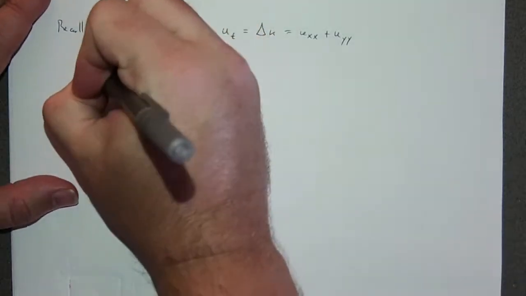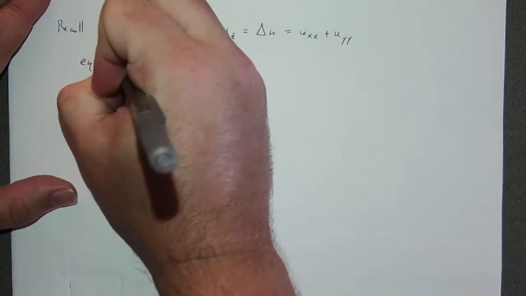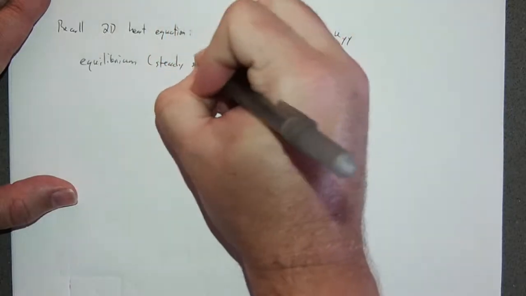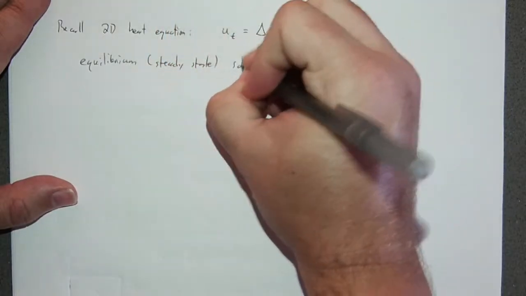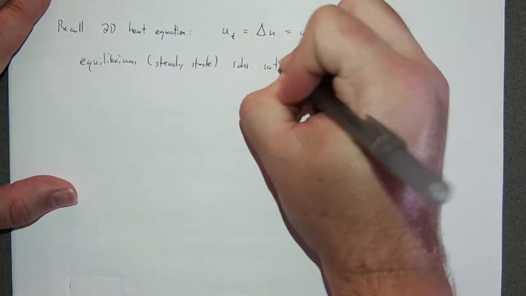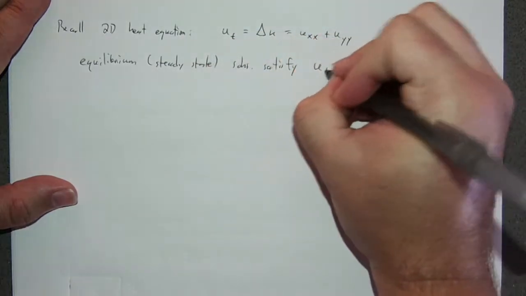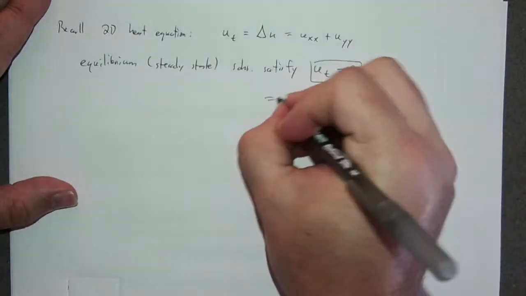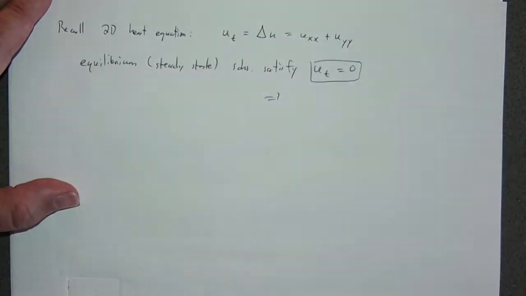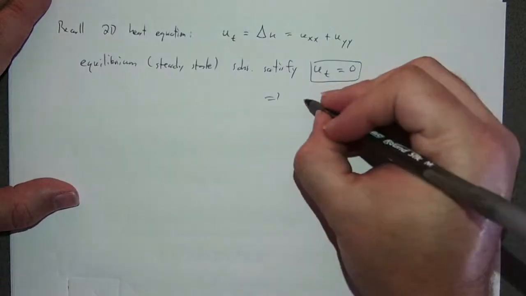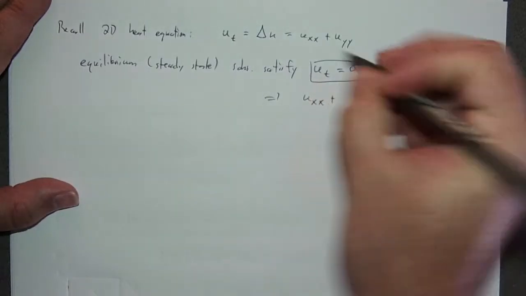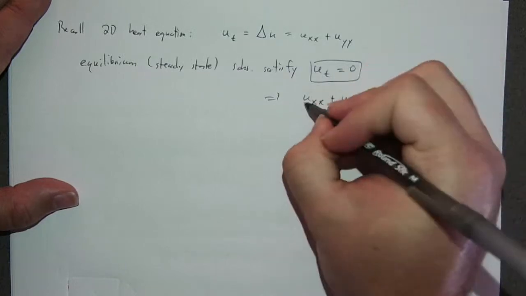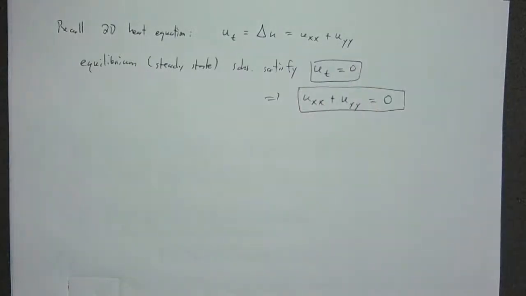Then equilibrium, or steady state, solutions satisfy u sub t equals 0. So if u sub t is u sub xx plus u sub yy, this means that for equilibrium solutions, I must have this.